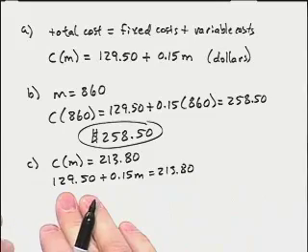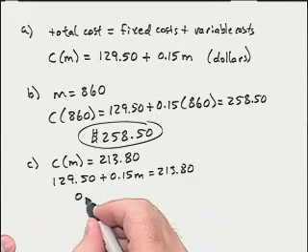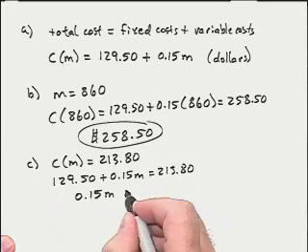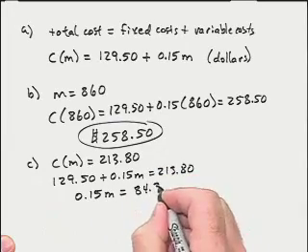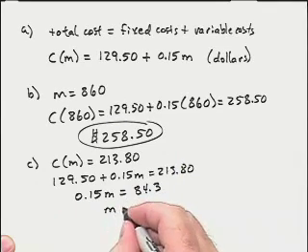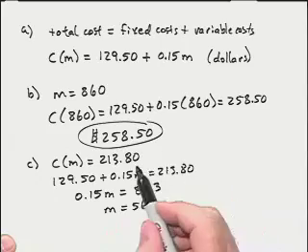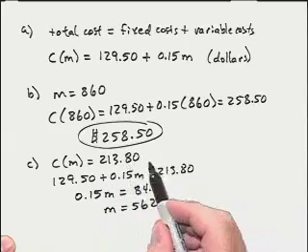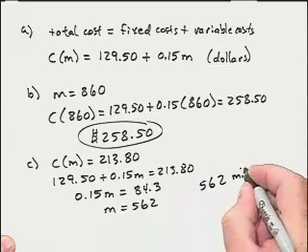We'll go ahead and subtract 129.5 from both sides. We get 0.15 M is equal to 84.3. Then we divide both sides by 0.15 to get M equal to 562. So if the rental cost is $213.80, the number of miles driven was 562.